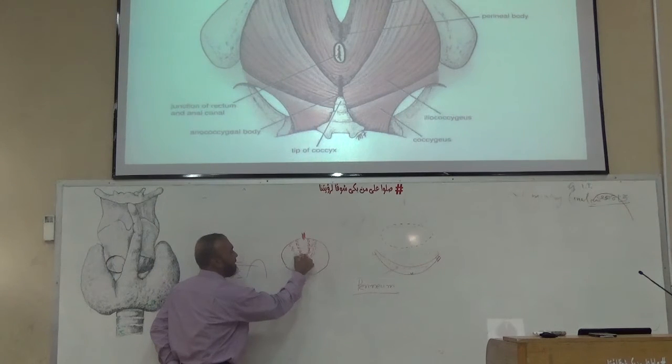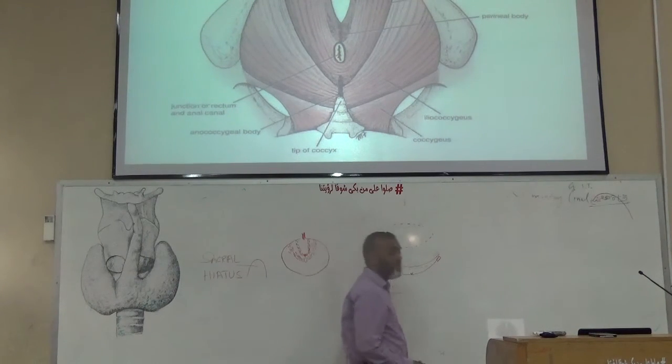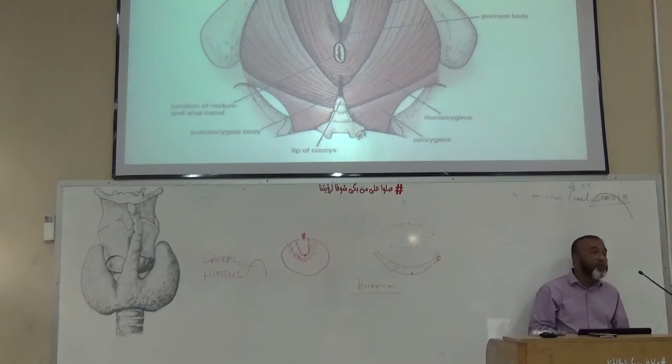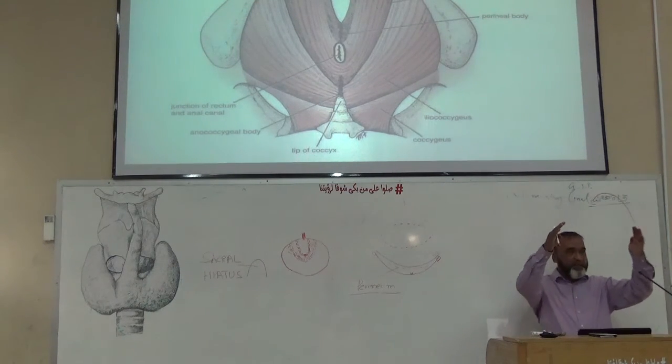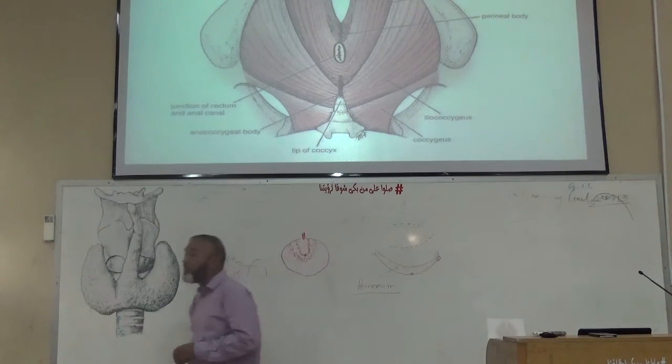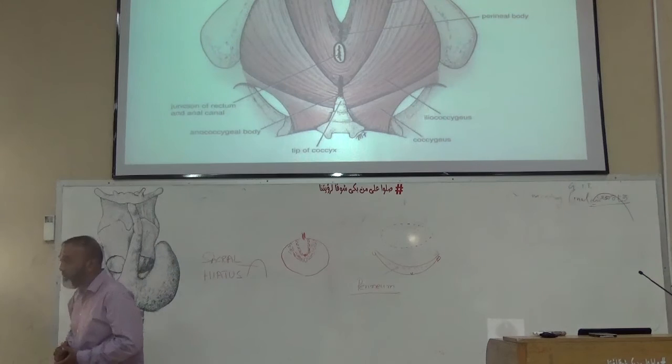What is the other name of the intermediate fibers? It is written puborectalis. It is again coming from the inner aspect of the pubic bones. Clear?